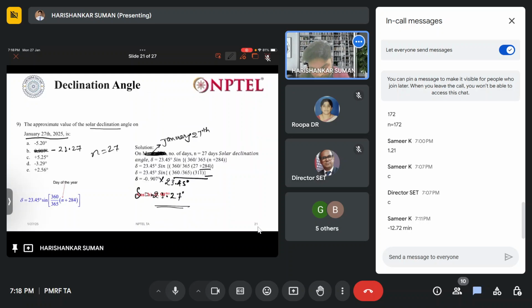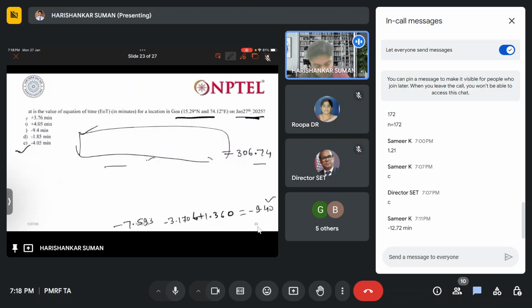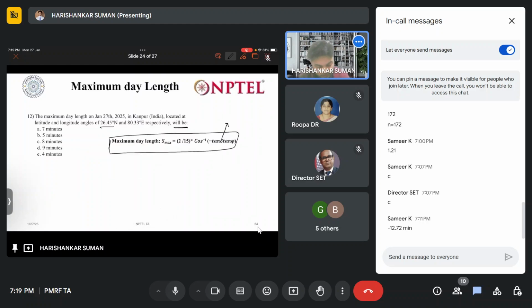So use this expression, and what is phi? You have to find delta, and phi is given.